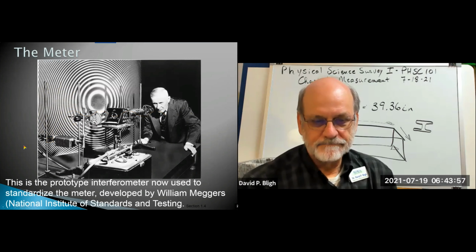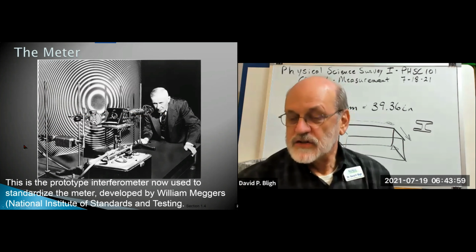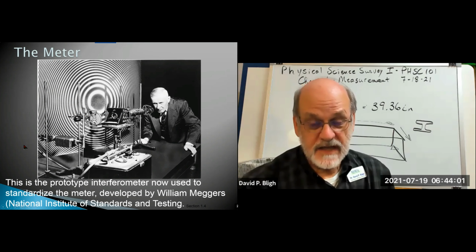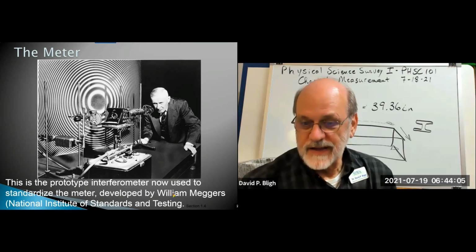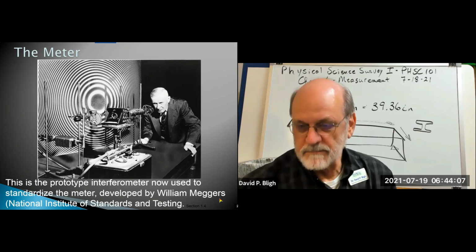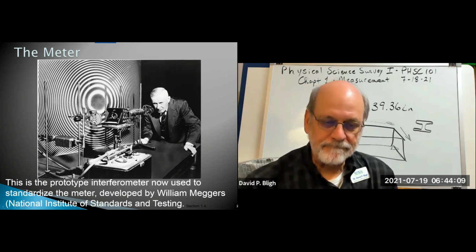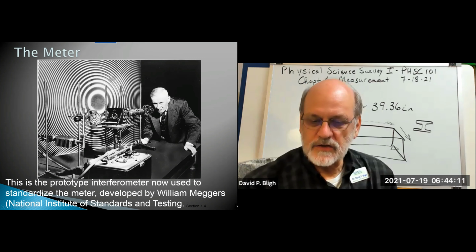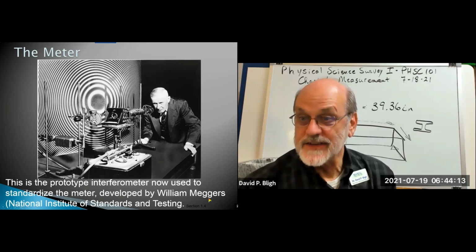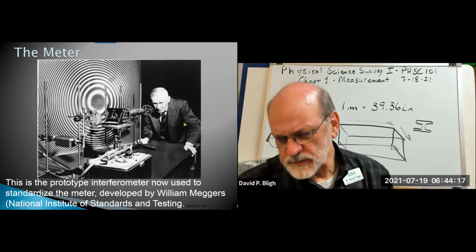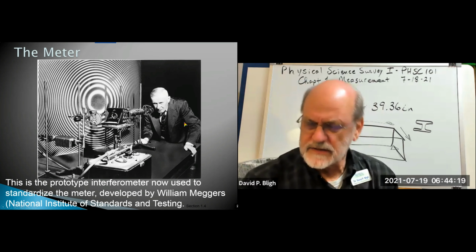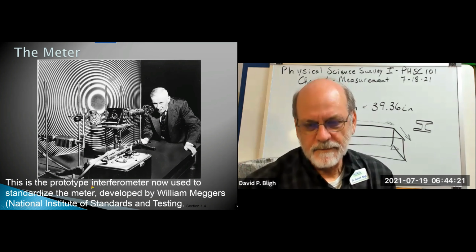All right. Now, how did they do that? Well, it takes a pretty sophisticated piece of equipment, and that equipment was developed by this man, William Meggers, right there, at the National Institute of Standards and Testing in the United States. And from the looks of his clothes, that's probably maybe in the 1930s.